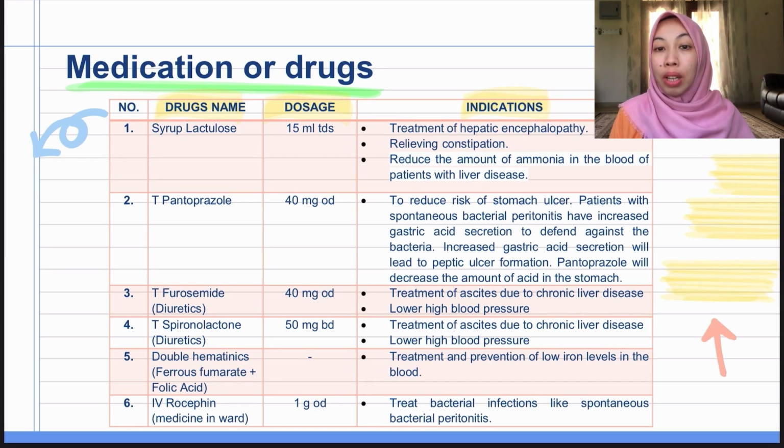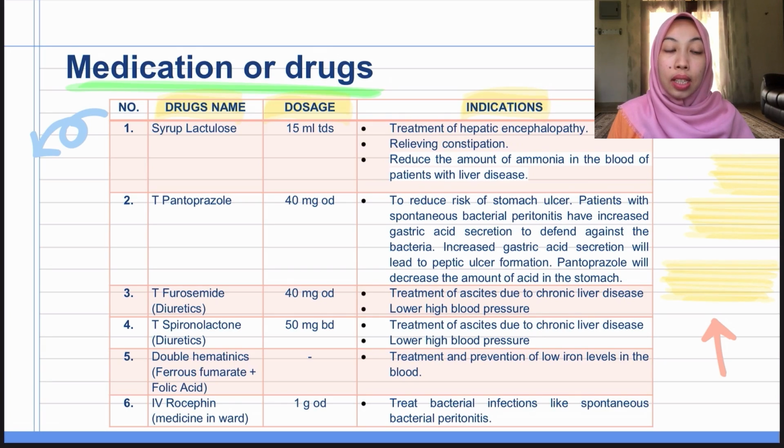To explain, patients with spontaneous bacterial peritonitis have increased gastric acid formation to defend against enteric bacteria. This increased gastric acid secretion will lead to peptic ulcer formation, so pantoprazole will be used to decrease the amount of stomach acid formation.